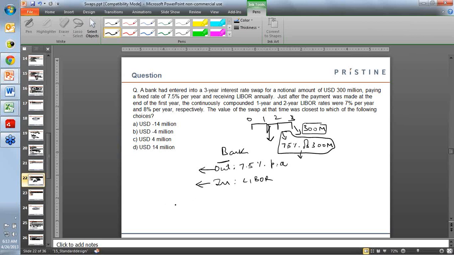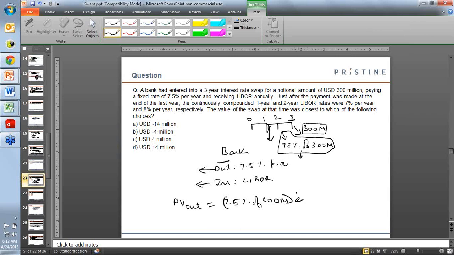So the PV of the outflows would be 7.5% of 300 million, and we have to discount it back 1 year because it was paid at the end of the second year and we are presently at the end of the first year.